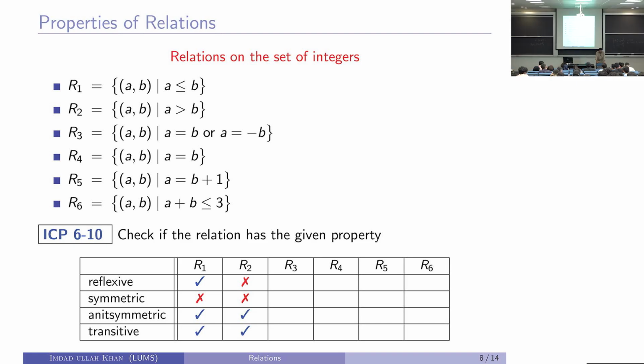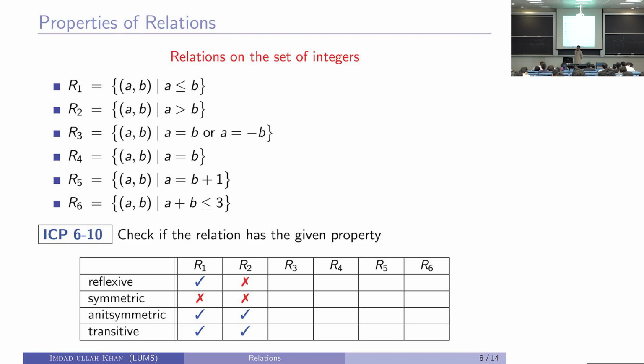Is it transitive? If the sum of A and B is less than or equal to 3, and the sum of B and C is less than or equal to 3, then is the sum of A and C also less than or equal to 3?